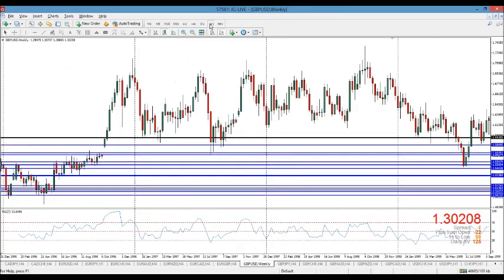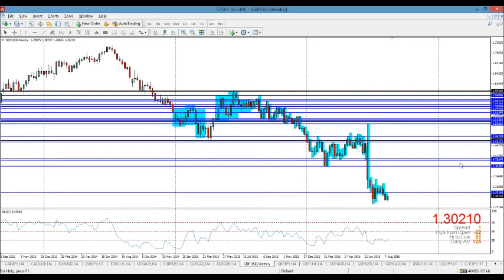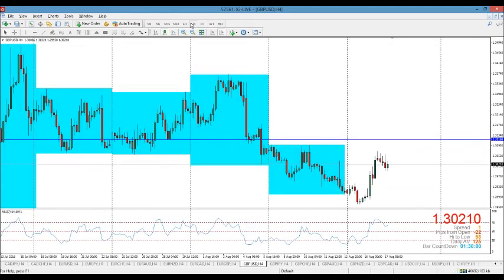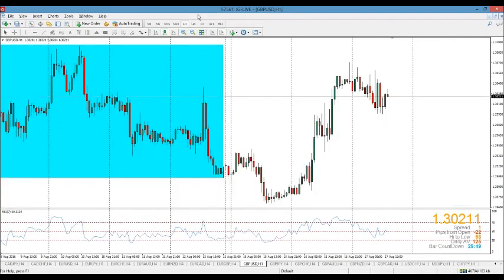Let's look at the weekly chart, which looks really ugly, but to me, you can't be buying pound, that's for sure. But I don't see a pattern to do anything here at this point of time. Maybe it goes back to the same theory as the US dollar, Euro USD.